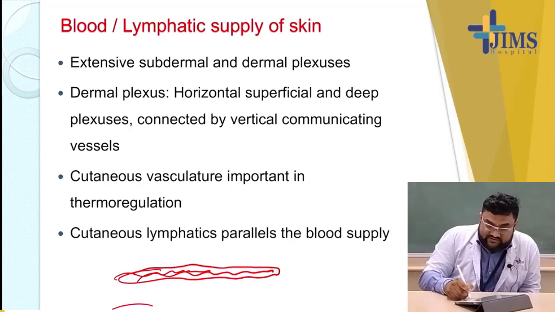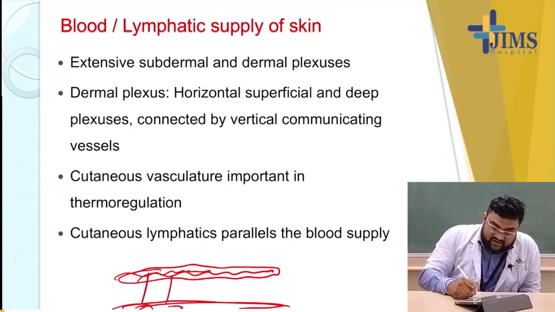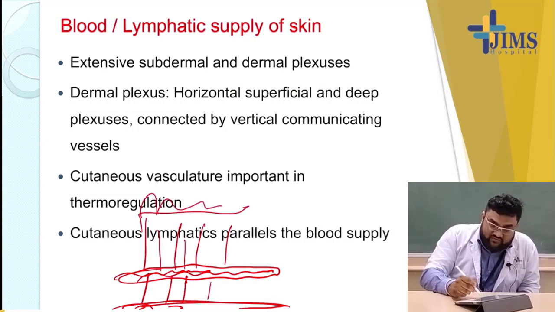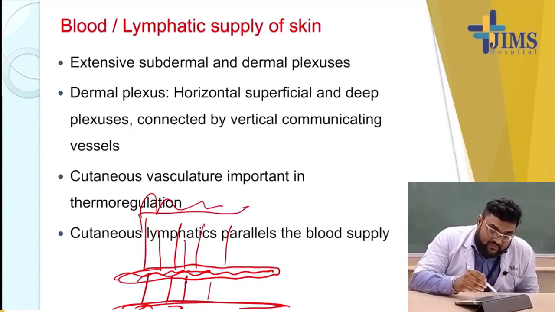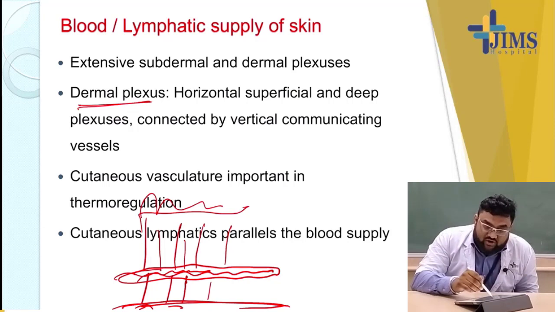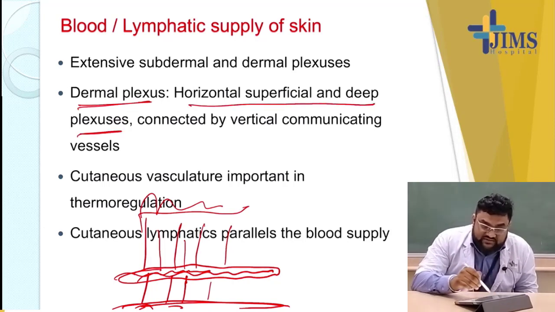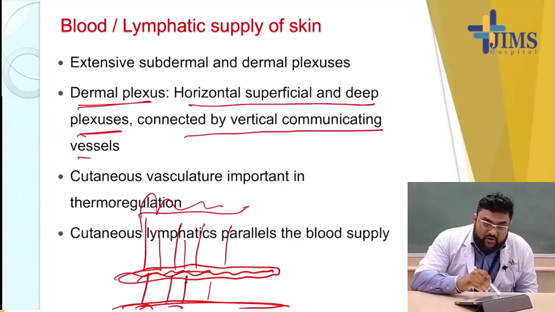We have two beds, and the horizontal arteries give off arteries that go up, and the veins come down from the horizontal beds, and these supply the dermis. We have the two horizontal beds in the dermis. There are superficial and deep horizontal plexuses connected by vertical communicating vessels.